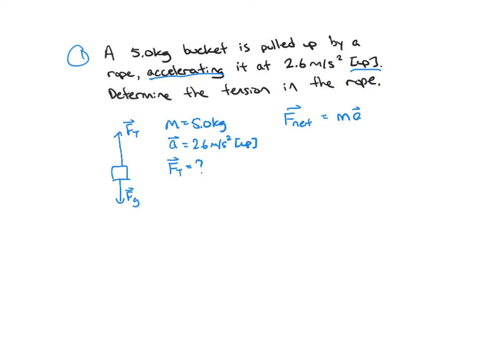And since tension is bigger than gravity, I'm going to write it as follows. The net force is the magnitude of the tension minus the magnitude of the force of gravity. And that will equal the right side of the equation, which is mass times the magnitude of the acceleration. Again, I'm doing things in terms of magnitudes.